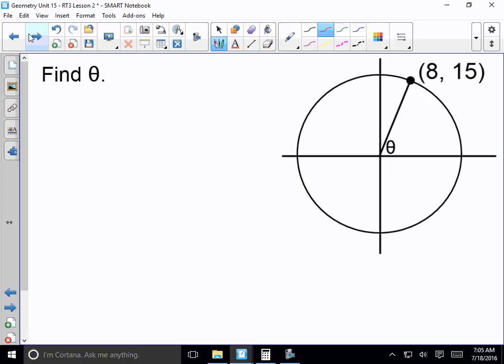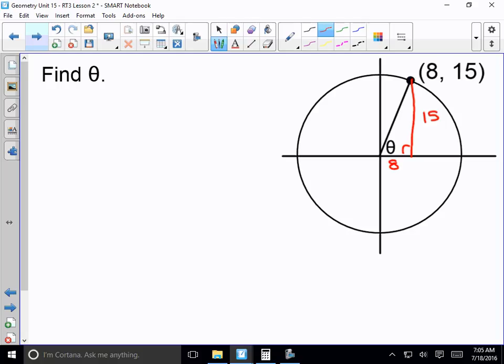Solve one more value. We're trying to find theta. They give us a point. And remember, when you're given a coordinate value, what you're given is the x distance and the y distance. The x distance is the base of that triangle. The y distance is the height. So we have a 90-degree triangle.